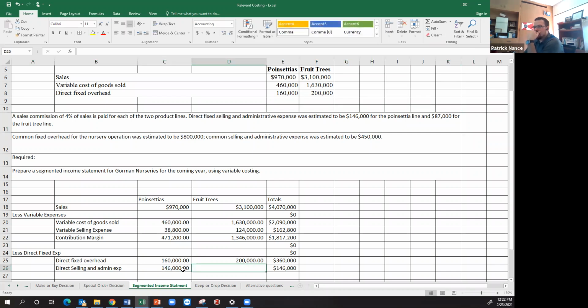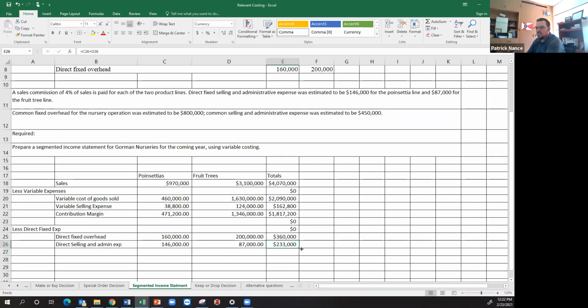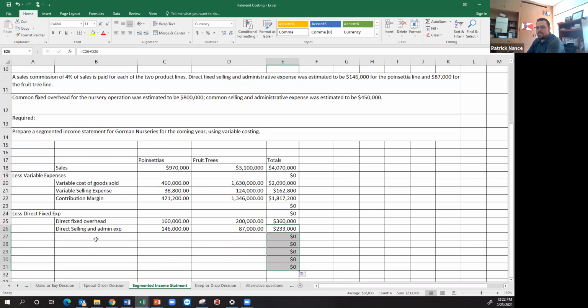Okay. So now I can find my segment margin. My segment margin is my contribution margin minus my direct fixed costs. So 165.2 for the poinsettias and 1,059,000 for the fruit trees.